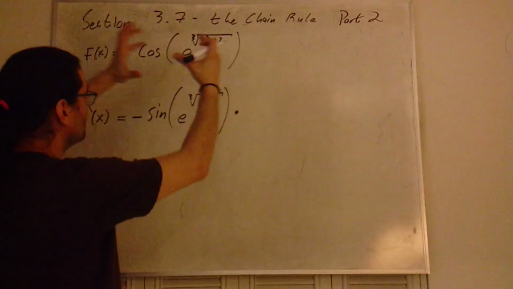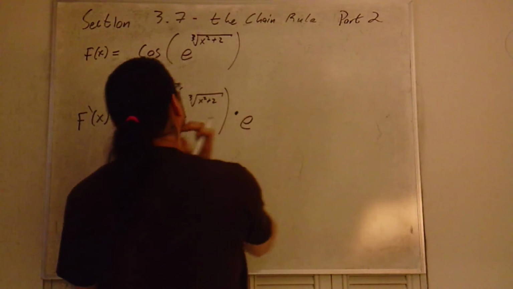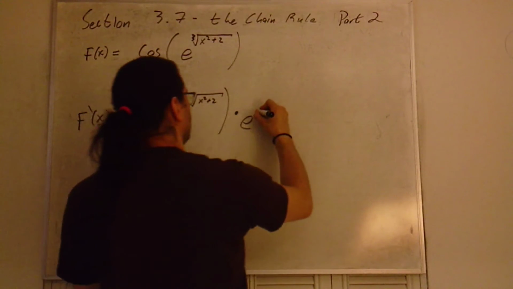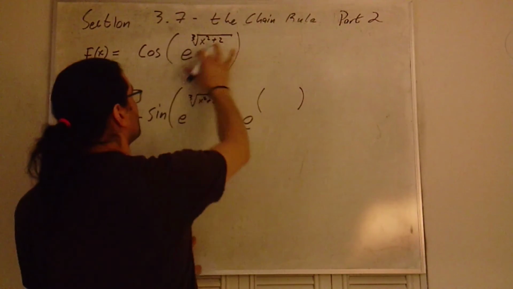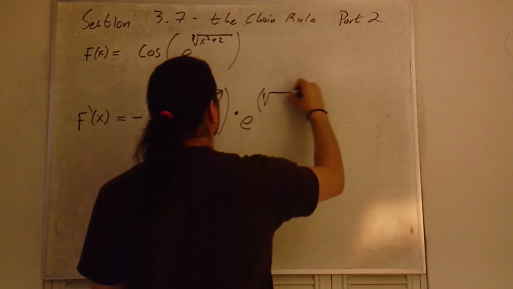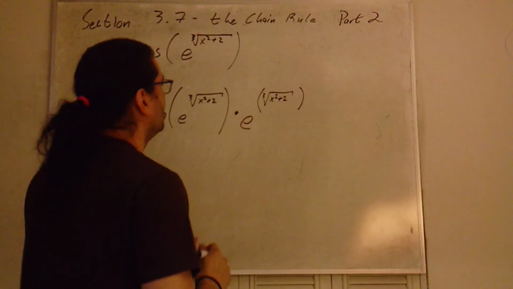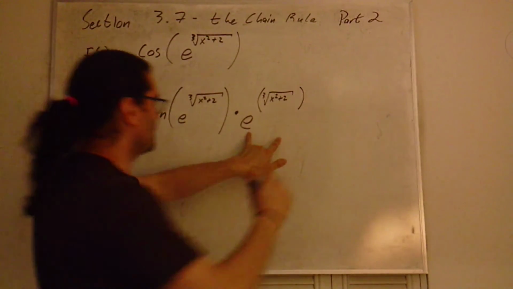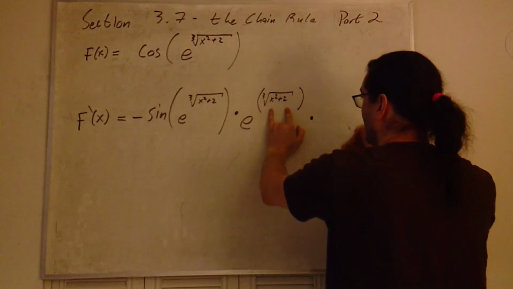The next layer in is e to the something. The derivative of e to the something is e to the something. That something should be the cube root of x squared plus 2. So this is the next layer in. I'm multiplying this by the derivative of the inside here.